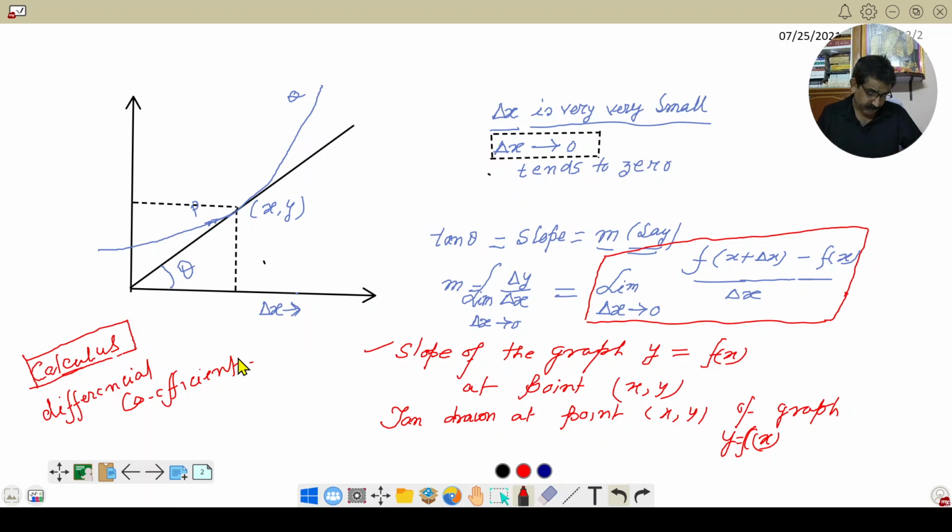Okay. So this has been discussed on page number 61. All the matter I have discussed here has been written on page number 61 of the book.